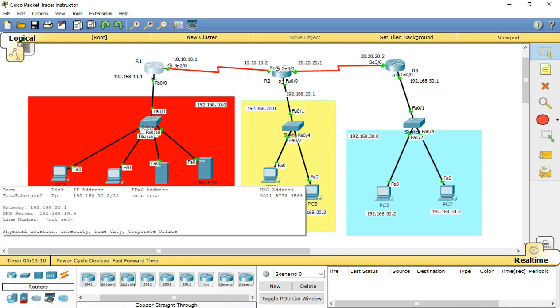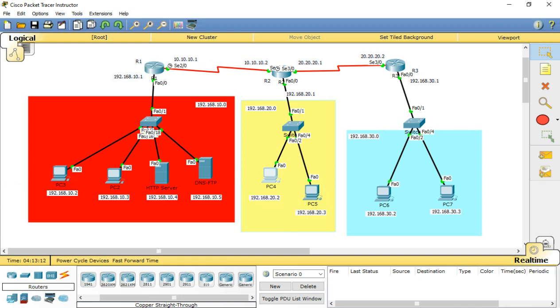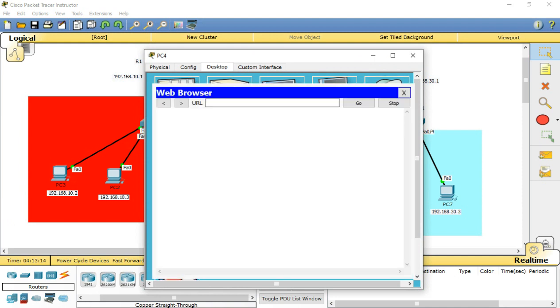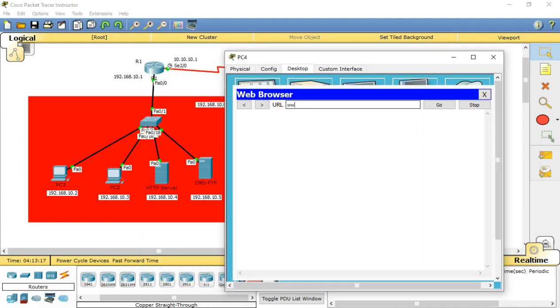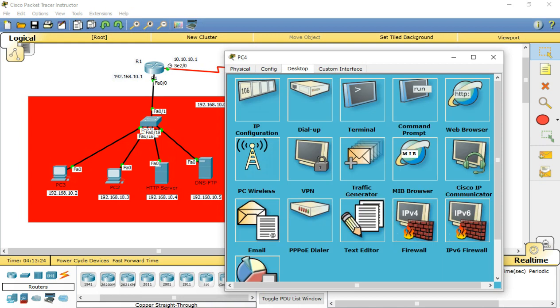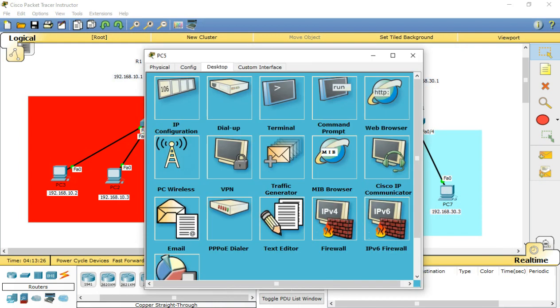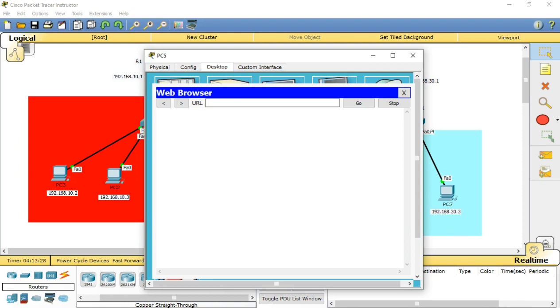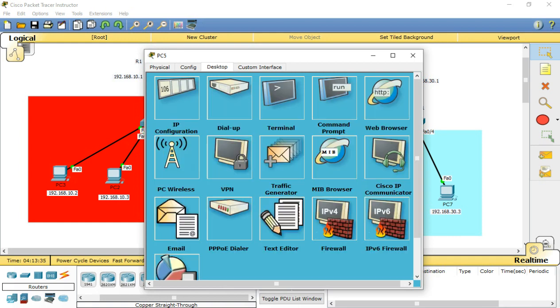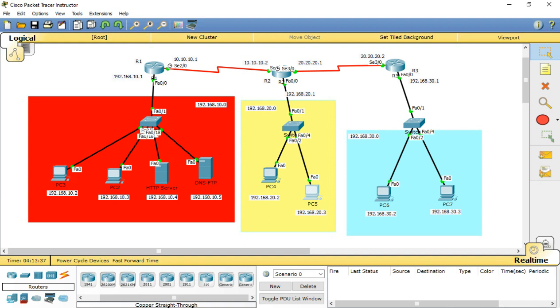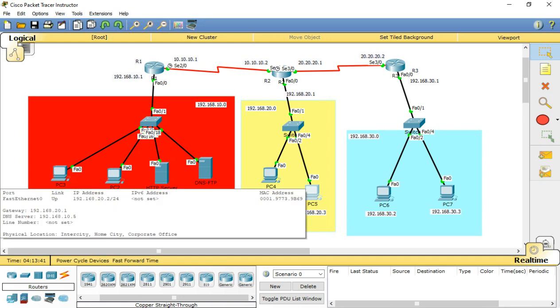Now let's try. This is 20, which should not be allowed HTTP, so it should not work now. You can see it's not working. Let's try another PC. You can see it's not working. So HTTP is not working. Now let's try the ping.